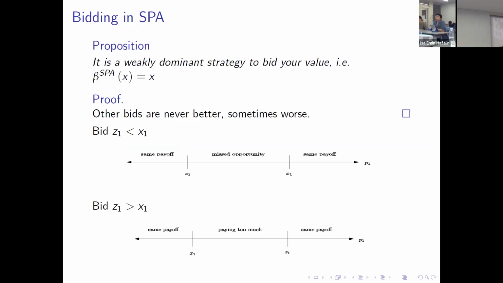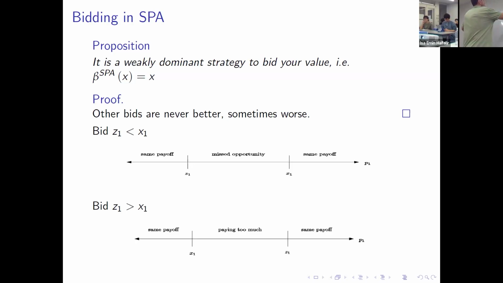So as a game in a second price auction, the utility of bidder i, who has a value of x and who bids b, where let's call b the vector of all the bids, is equal to x minus the maximum over j not equal to i of b_j if b_i is strictly greater than the maximum over j not equal to i of b_j.